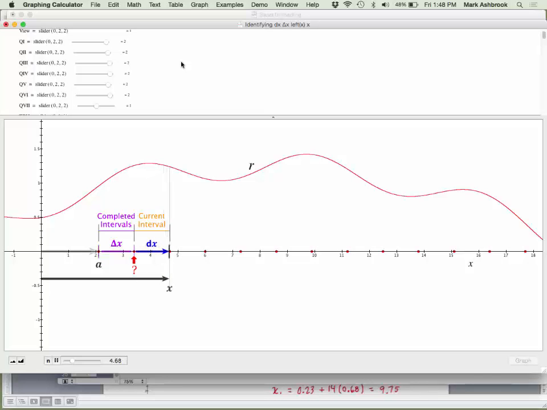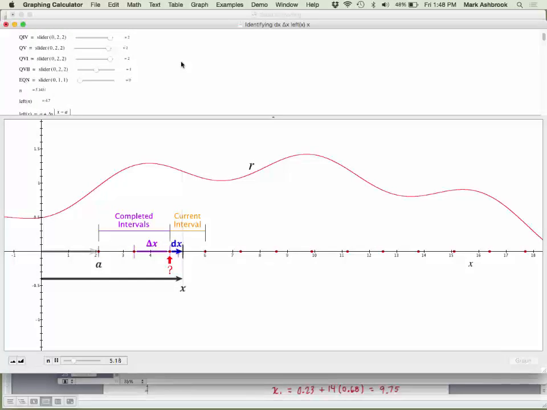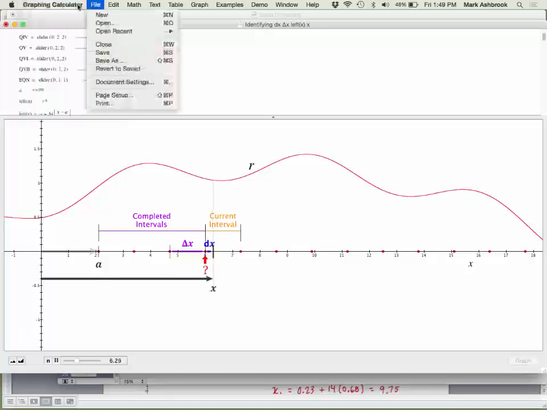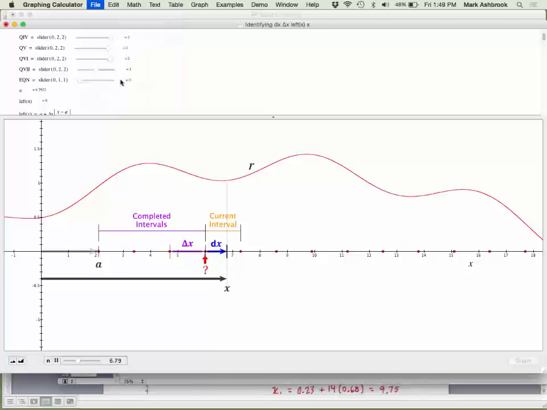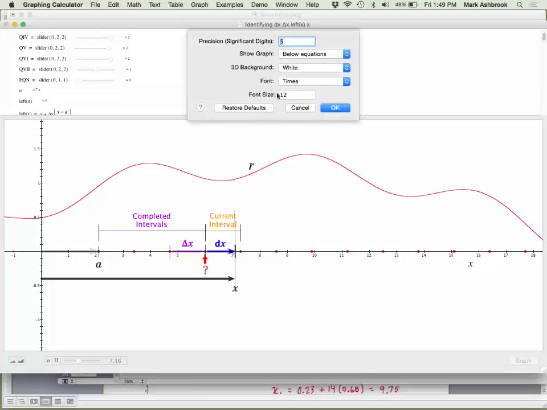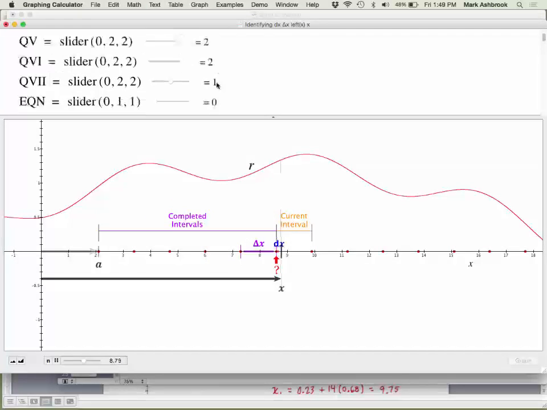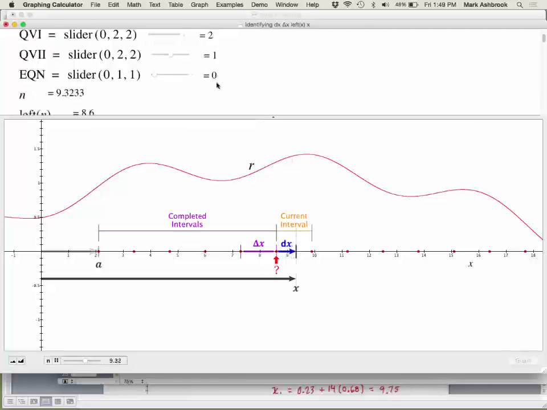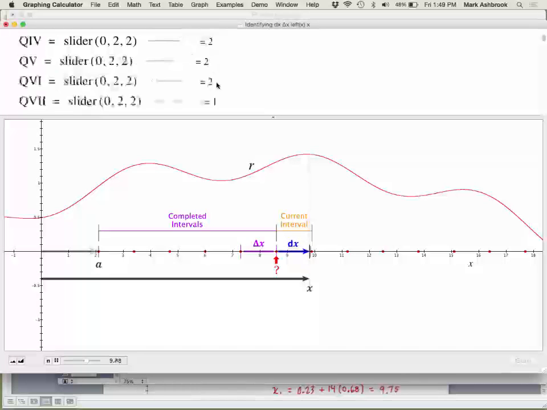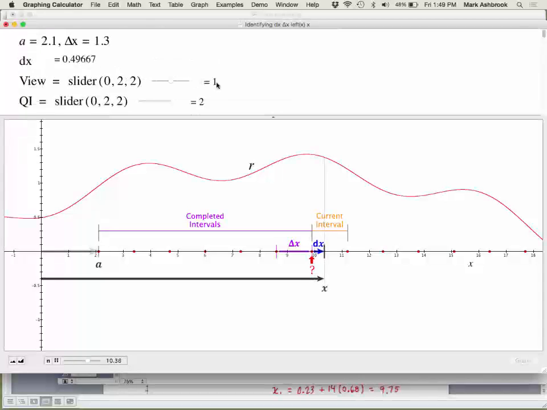So, I'll show you. I'll have to make that bigger. There it is.